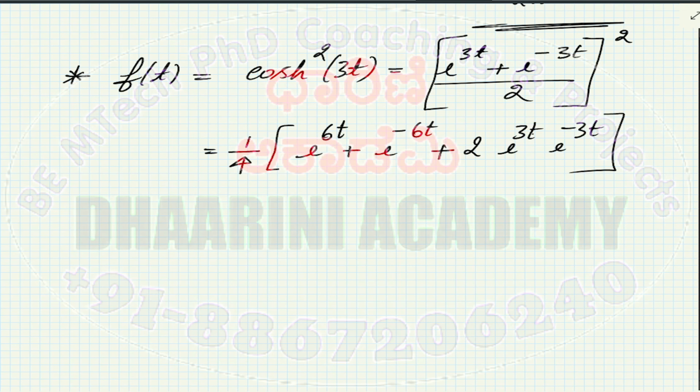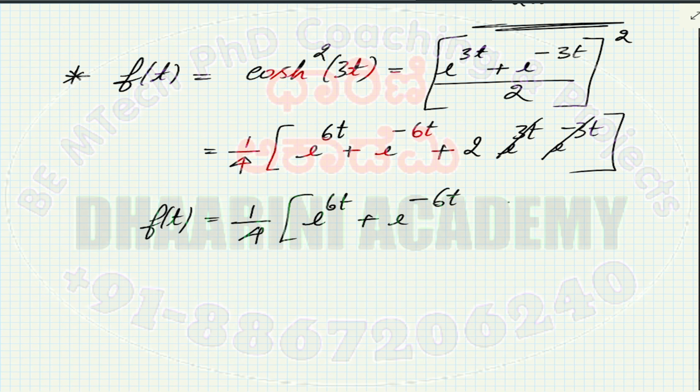So now we know that 3t and minus 3t are inverses of each other, they will cancel out. So we have f of t is equal to 1 by 4 times e to the 6t plus e to the minus 6t plus 2.